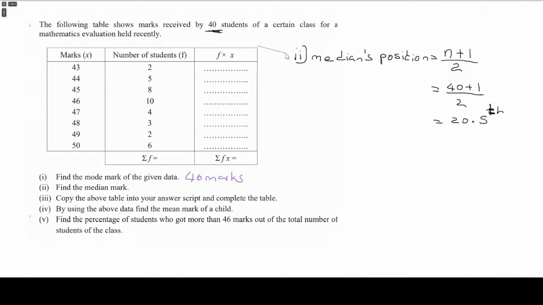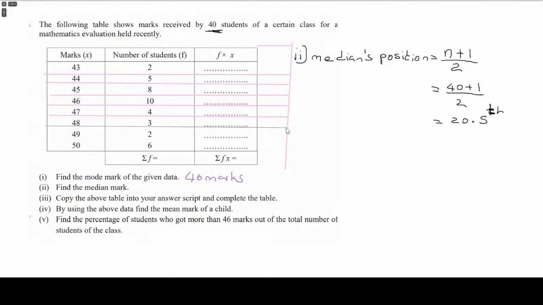Let's put an extra column. And what do we do in that extra column? We are going to add the frequencies. Why are we adding the frequencies? So when we add, it's quite easy for us to find the marks of the child who's in the 20.5th position.